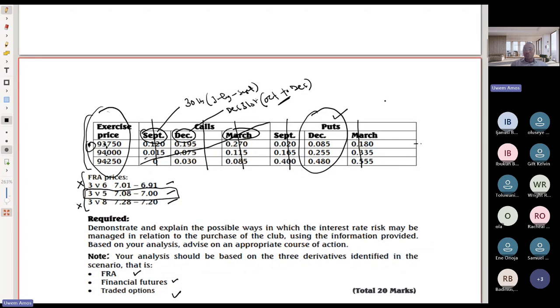So that is one option. We have another option that has an exercise price of 94 and a premium of 0.255. That's a second option. We have a third option that has an exercise price of 94.25 but a premium of 0.48, and that's 3. So Mr. Big Hat needs to select one out of the 3.